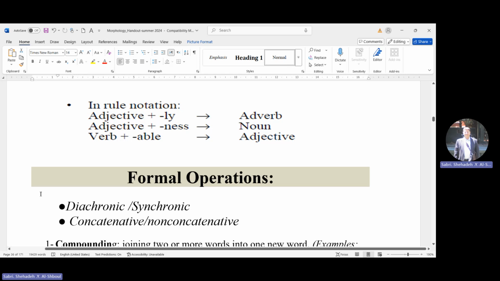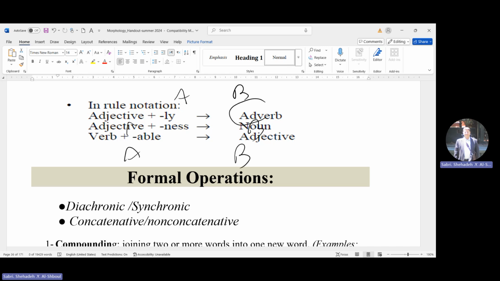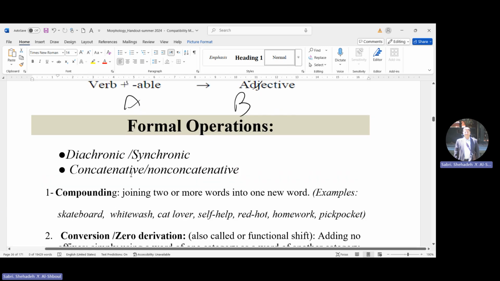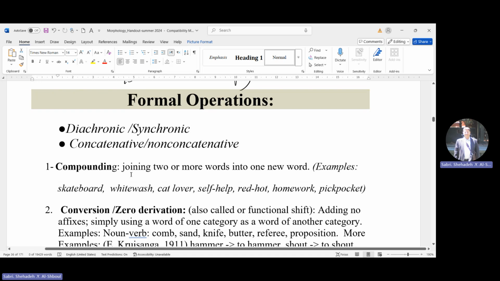Here, after the spell-out, they are derivational, and when we say adjective plus -ly becomes adverb, it is A, B, it is A and here B, and it is A and B. So it is easy actually to recognize how the change works.